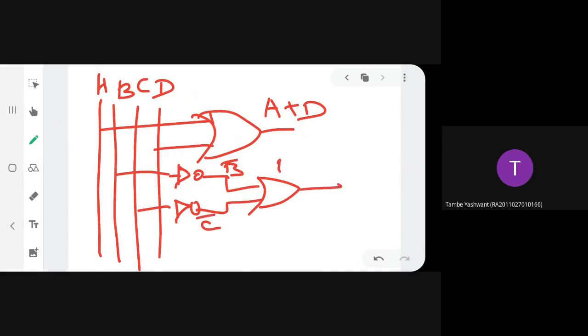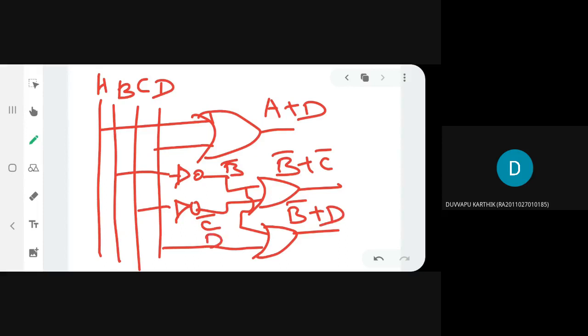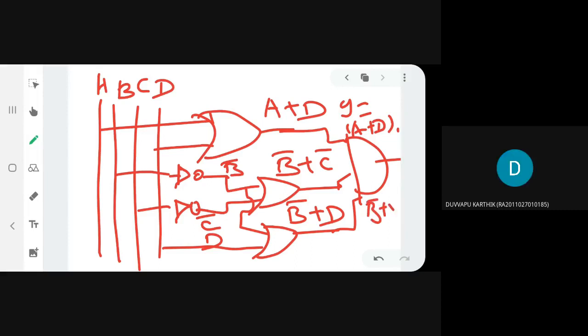So this will be B complement plus C complement. Then the same B complement I can use from here, with D. So this is B complement plus D. Finally I have to take the product using AND gate. So this way Y is equal to A plus D dot B complement plus C complement dot B complement plus D, all these will come. So this is how you will be realizing it using gates.